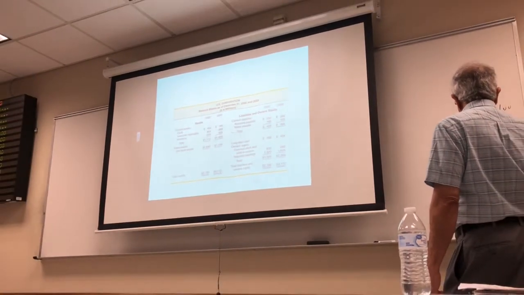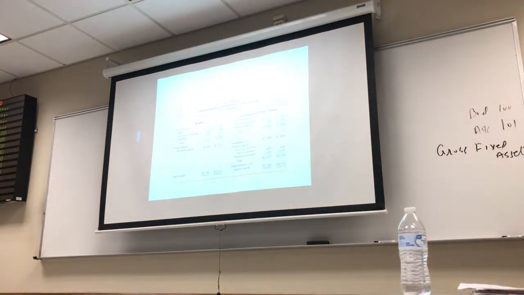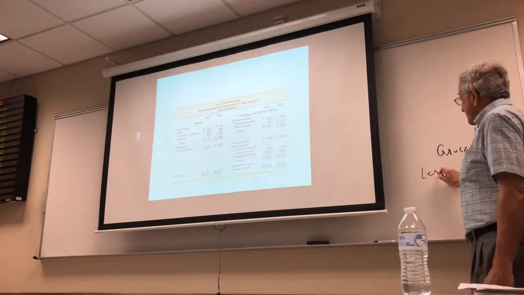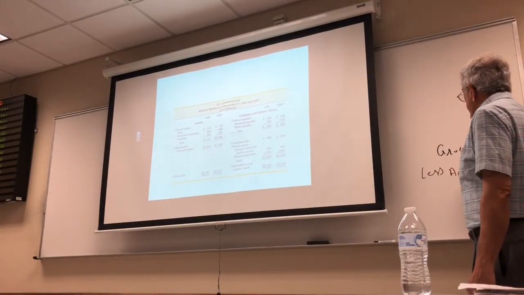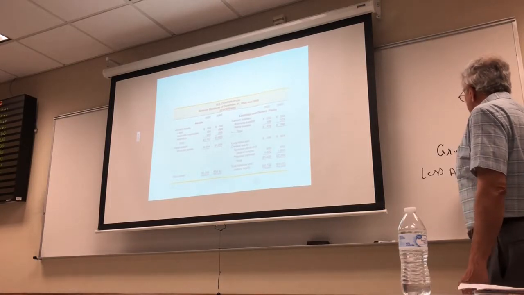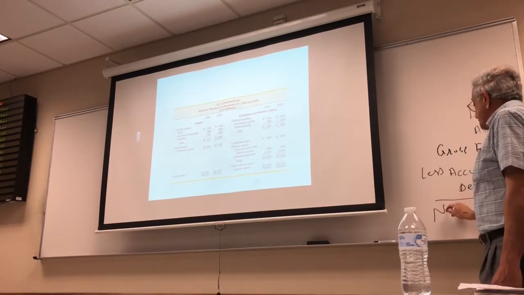Gross means this is the price that you paid. This is how much you paid when you purchased these assets, maybe 10 years ago, maybe 20 years ago. So these are called gross fixed assets. Now, if you subtract accumulated depreciation, okay, this gives you net fixed assets, net.